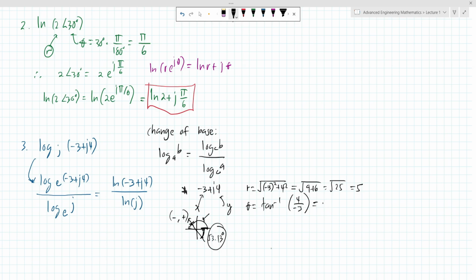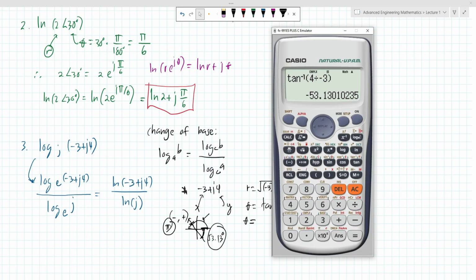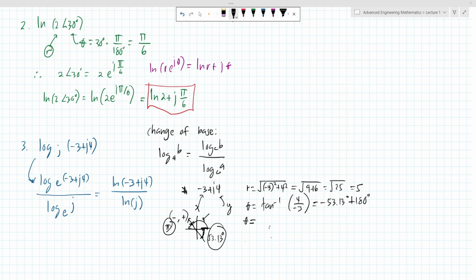Again we get negative 53.13 degrees. To make sure that theta is in quadrant 2, we will add 180 degrees. So our angle here is negative 53.13 plus 180, which gives 126.87 degrees. This angle should be converted into radians, so multiply by pi over 180 degrees.